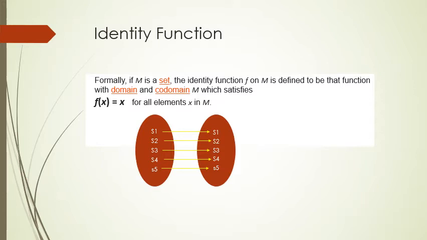Here S1 maps to S1, S2 maps to S2. Similarly, for all elements, the mapping is to itself, the same element. Here, F is said to be an identity function. I think now you are clear about identity function.